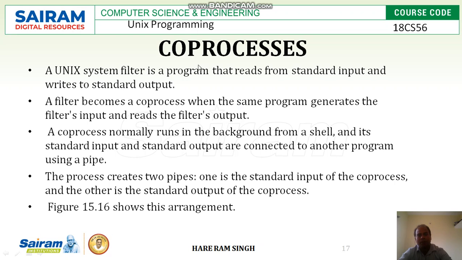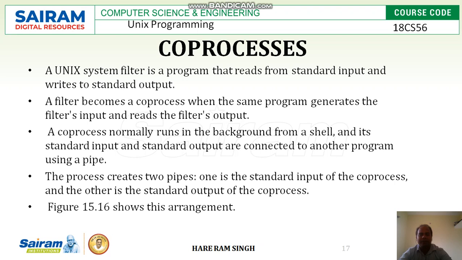Next is coprocesses. Now what is a coprocess? A unix system filter is a program that reads from standard input and writes to standard output. We have already studied filters in the previous modules.